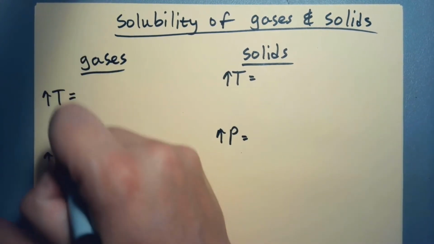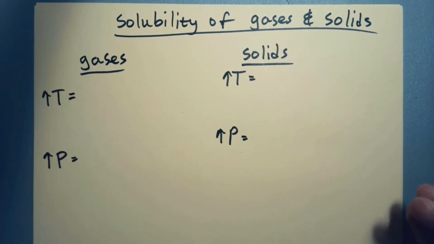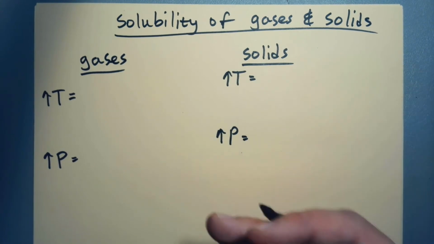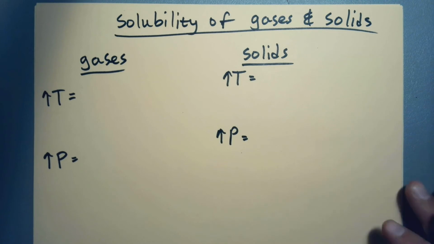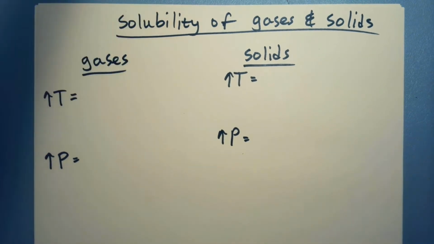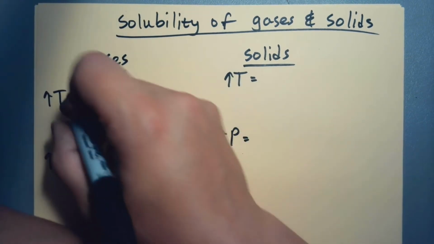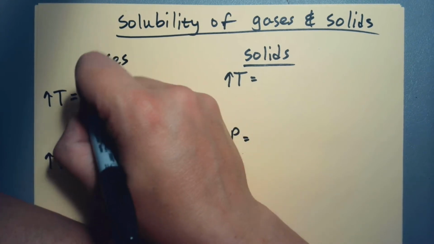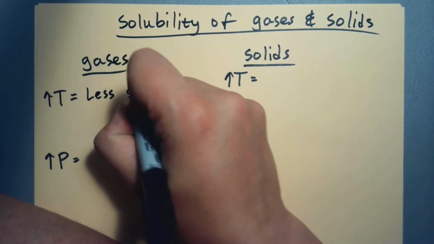Okay, so if I heat up my solution, I put it on a pan and I heat up the solvent, whatever it is, water or whatever, what's going to happen? Well, for gases, a hot solution has less solubility.